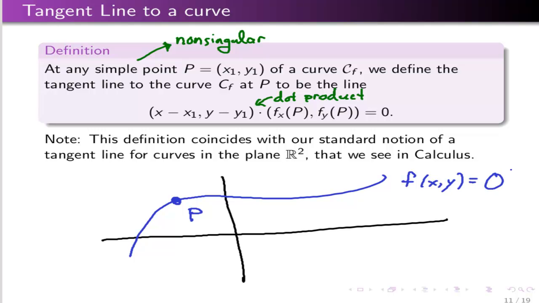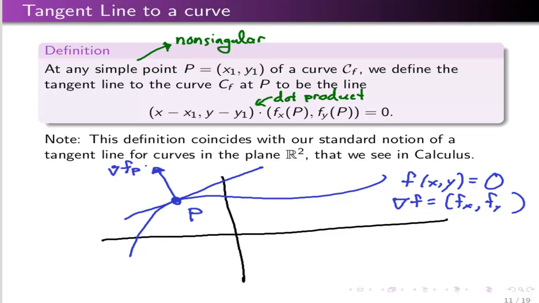Well, you'd form the gradient vector. So the gradient of f is (partial f partial x, partial f partial y), and that has the property that it is perpendicular to the curve. So this is the gradient of f evaluated at the point P.